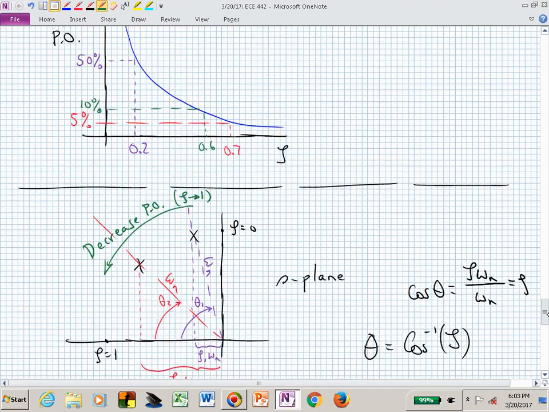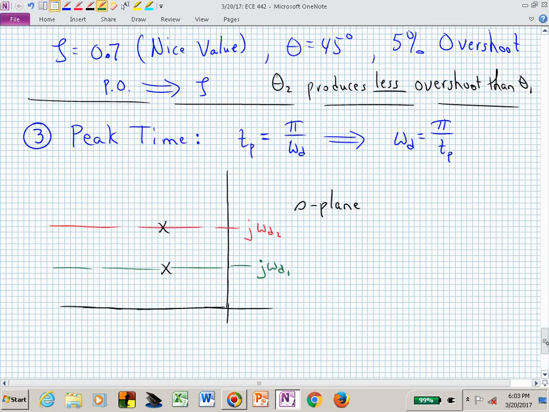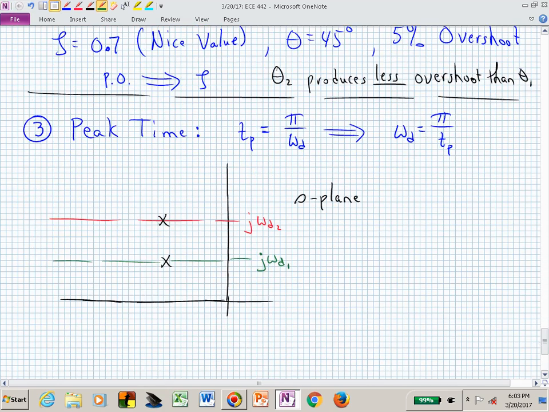So now we've looked at vertical lines, we've looked at angles. Now we're going to talk about peak time, and this now involves horizontal lines. The time to peak, if we derive that relationship, is pi over omega sub d. And omega sub d is just the distance those poles are away from the real axis in the S-plane.